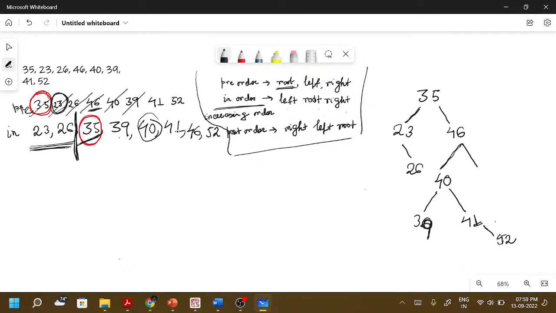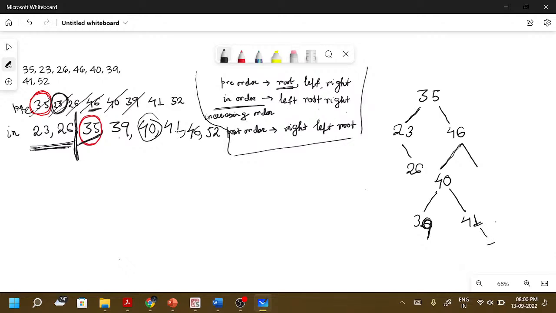Sir, 52 is larger than 46 and it is left of 46? It should be to the right of 46. If we consider this part, it's not always right. From example 35, 23, 26, we'll consider just the previous root.